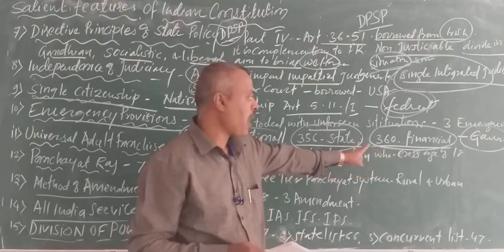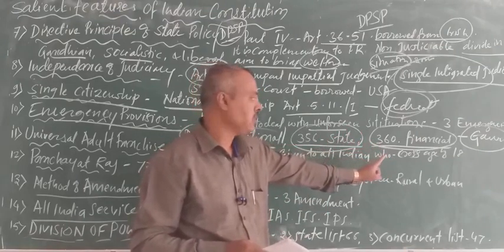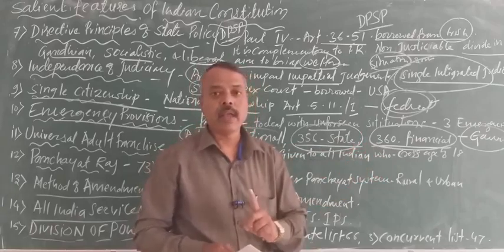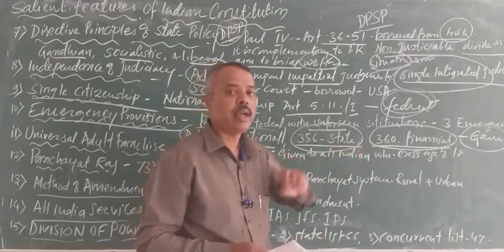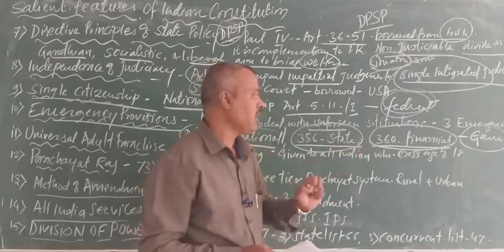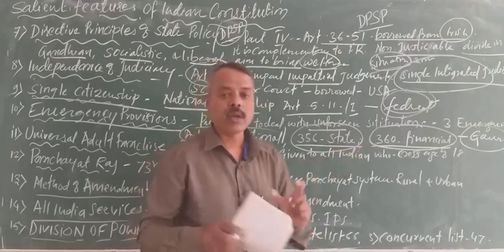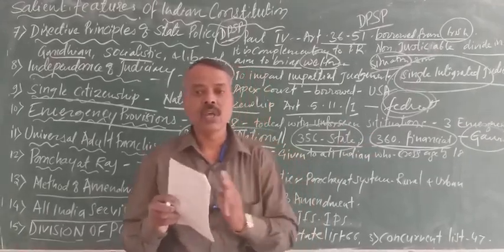The President has the power to declare the financial emergency. But till date, the Indian economy has not faced such an emergency, and in India no financial emergency has been declared, because our financial condition is so strong.